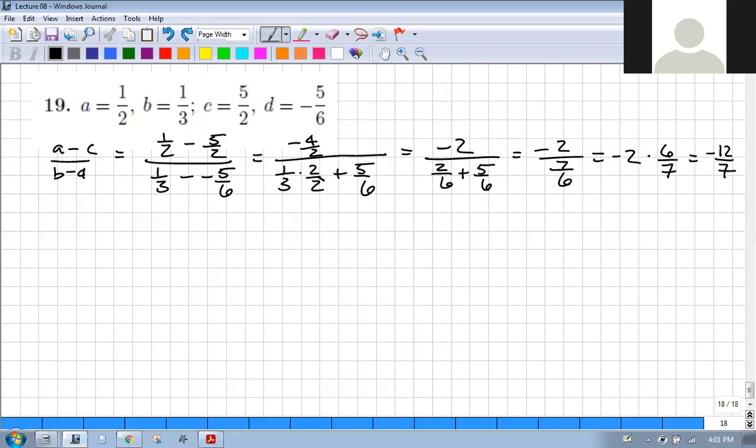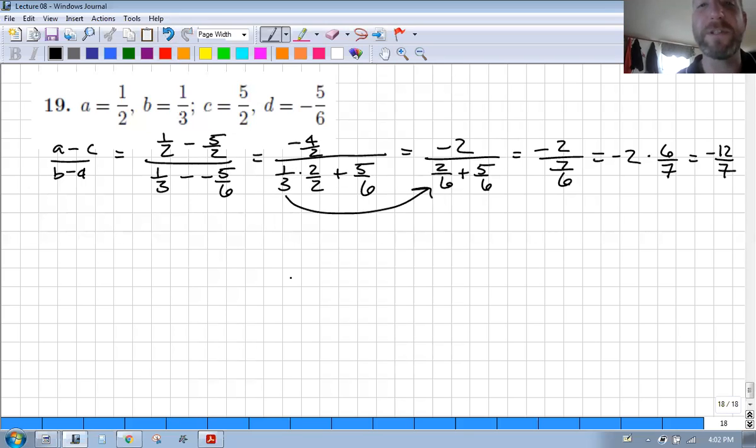So when you multiply by 2 over 2, 3 times 2 is 6. Right? Okay. This is just the number 1, but it's a smart one so that we can turn 1/3 into 2/6. Okay. That way we can add these fractions. Okay. Thank you.